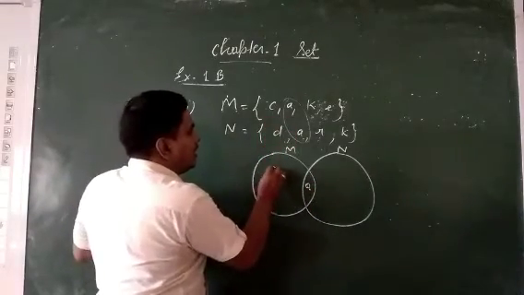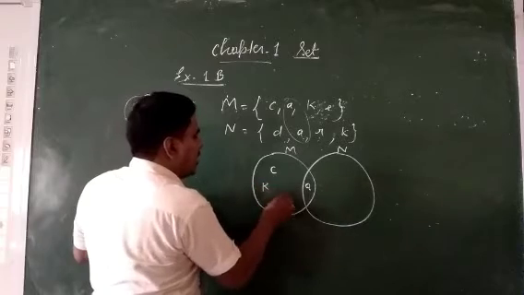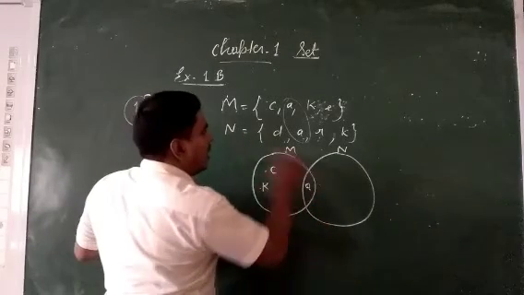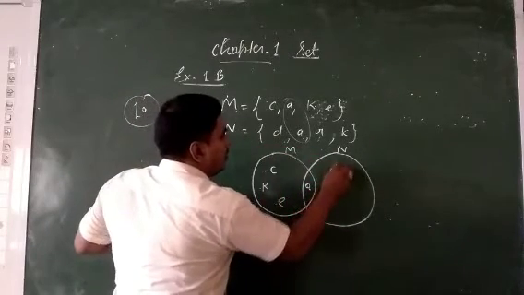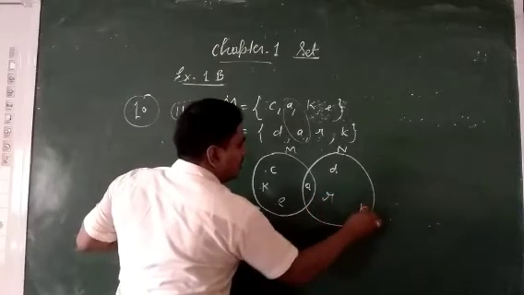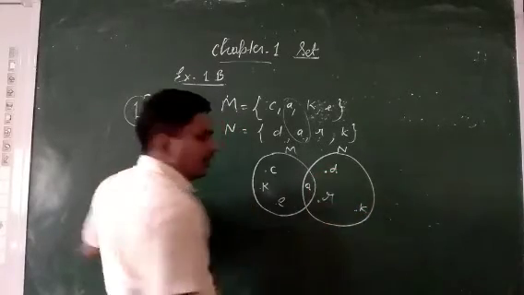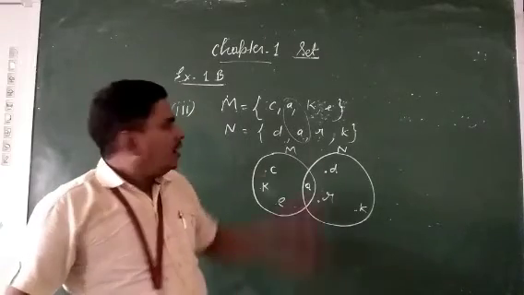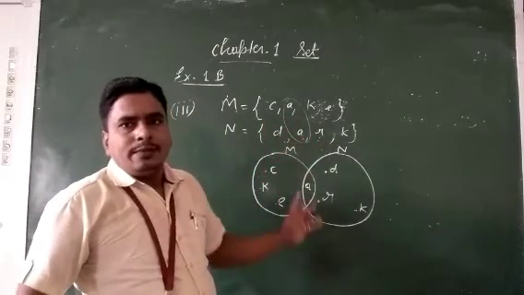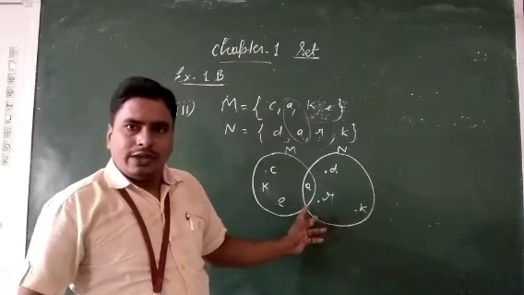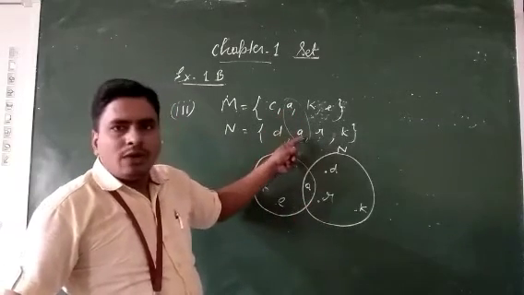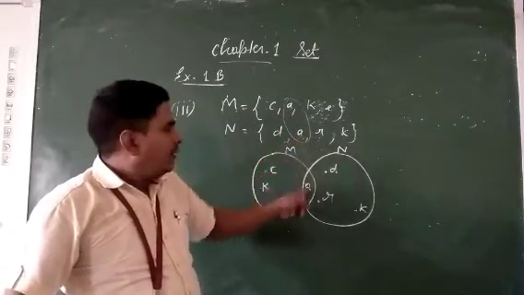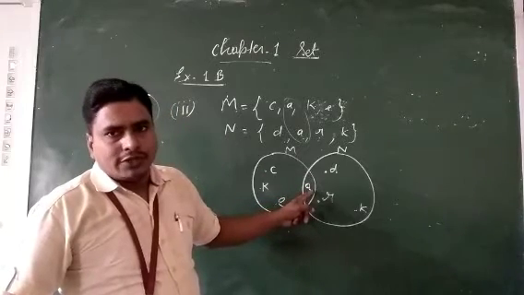Another element of set M here C and E, and other element of set N B R K. Clear? Okay. How we can represent the two set by this Venn diagram? Here only one element common, so common element we will write in the common portion.